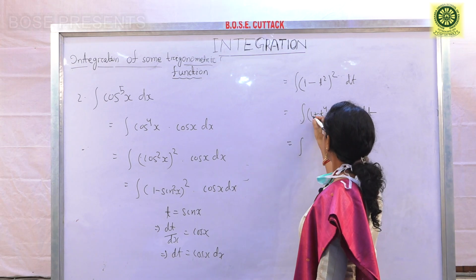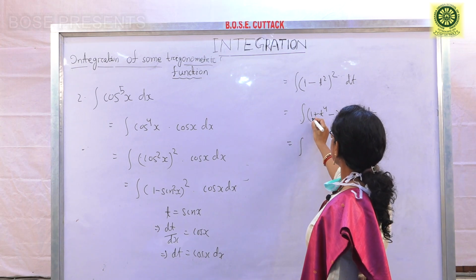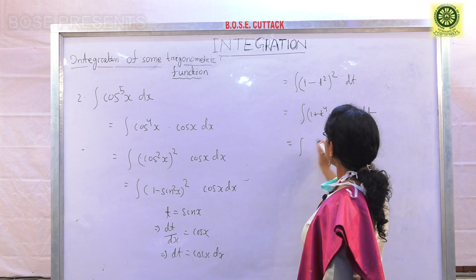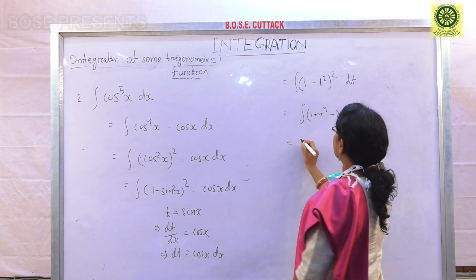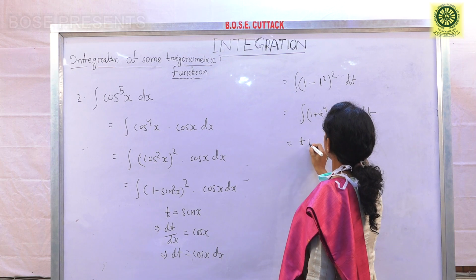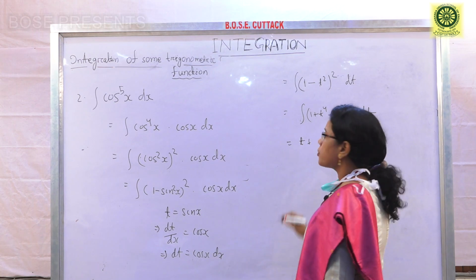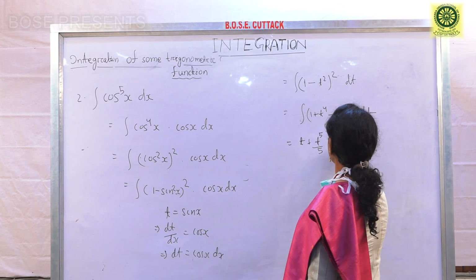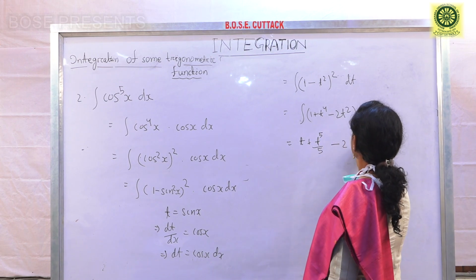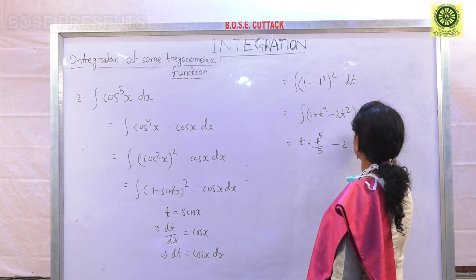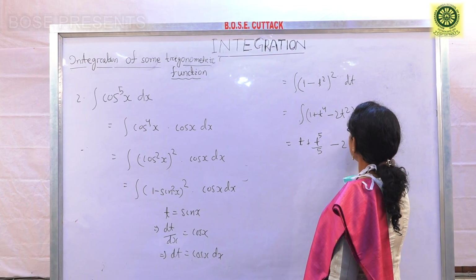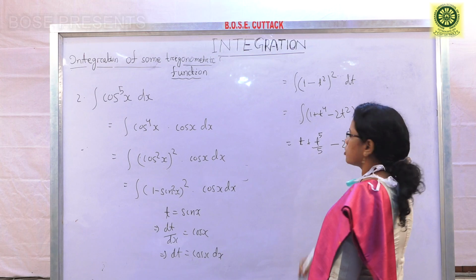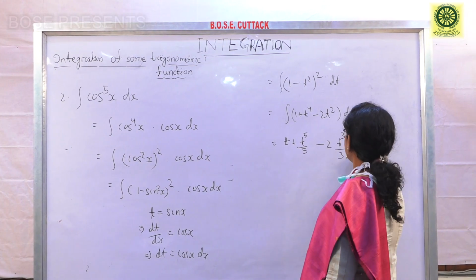Then just integrating 1 with respect to t, we have here t, plus the integration of t to the power 4 with respect to t, which is t to the power 5 by 5, minus 2 into the integral of t square, which is t to the power 2 plus 1, that is 3 by 2 plus 1, that is equal to 3, plus c.